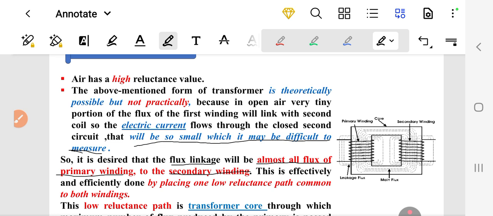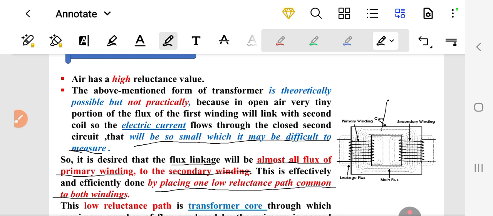This is efficiently and effectively done by placing a low reluctance path common to both windings, the primary and secondary winding.